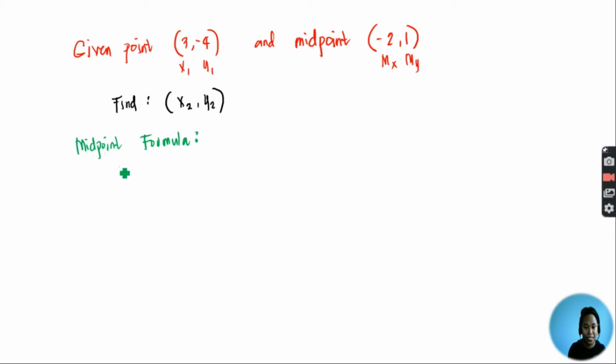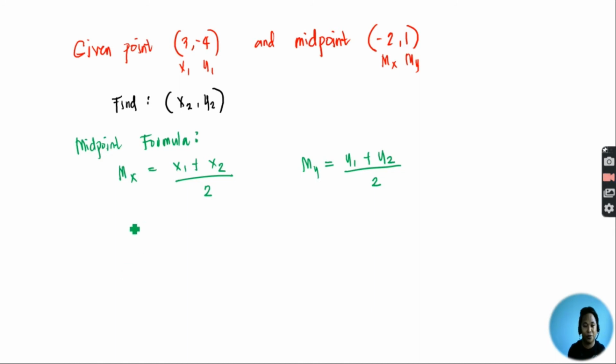So we have m sub x, the x coordinate of our midpoint, is equal to x sub 1 plus x sub 2 over 2. And the y coordinate of the midpoint, m sub y, is equal to y sub 1 plus y sub 2 over 2.